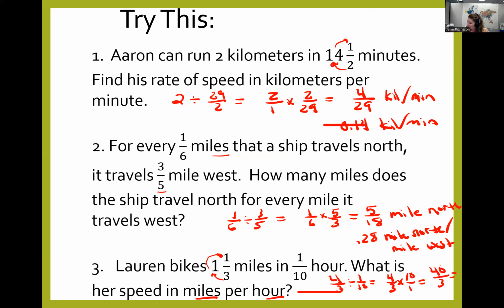And 40/3 would go 13 times, with 1/3 left over. So 13 1/3 miles per hour for the last one. 13 1/3 or 13.333.